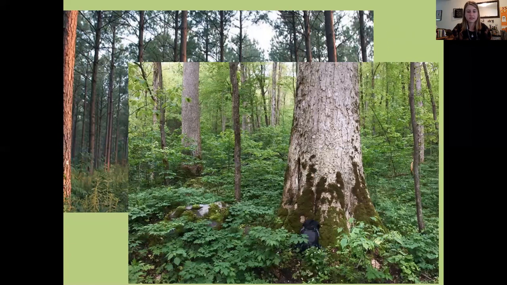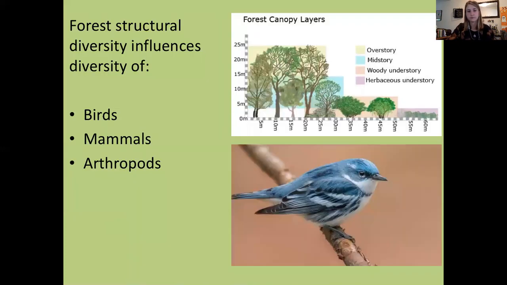Then in this forest, there's a lot of structural diversity. So you can see the trees all are different sizes, which means they're different ages. You have an understory, an overstory, and then you have some herbaceous plants on the bottom. So you're just gonna have a lot more species, both animal and plant, in the second picture.